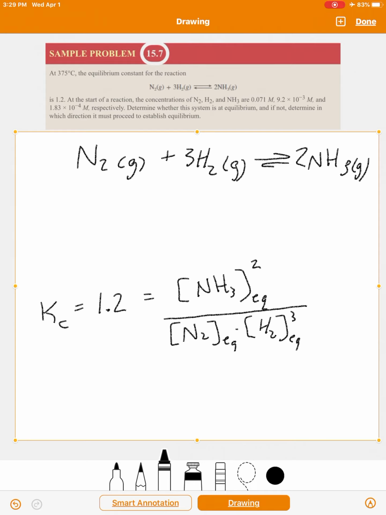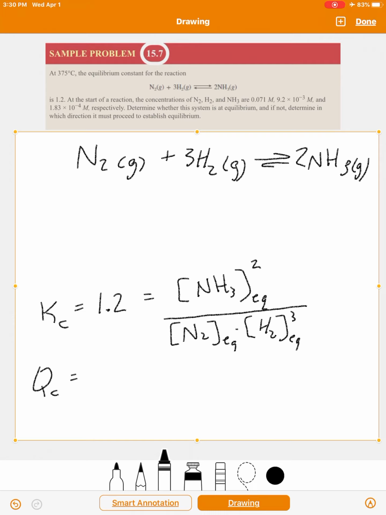Remember, those coefficients become the exponents in that expression. But we also have the reaction quotient, Qc. Qc is the concentration of ammonia squared divided by the concentration of nitrogen times the concentration of hydrogen cubed, but using the values that are given, because we don't know the equilibrium values yet.